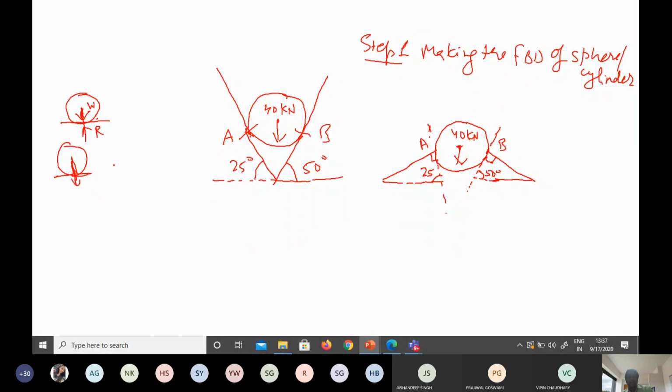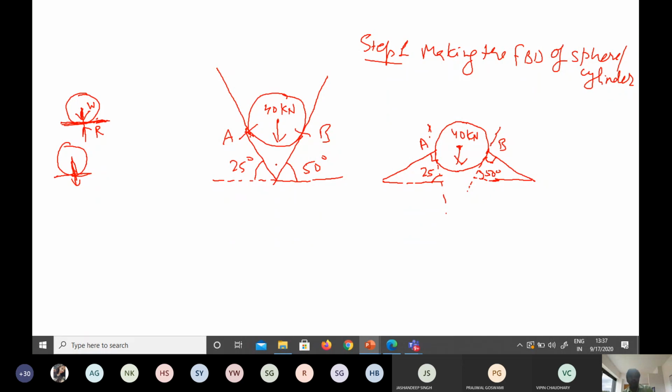Now what is happening here? See it very carefully. Here the surface was horizontal. Now what we have done, the surface here is inclined. Getting my point? But whether the surface is inclined does not matter to the reaction.